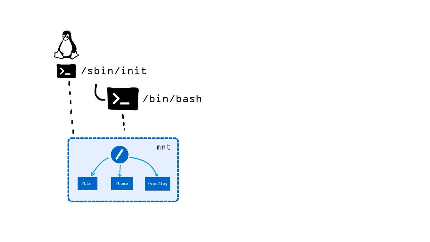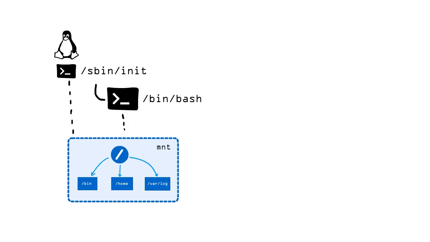First, we have a look at the mount namespace, and a new mount namespace is created initially by the bootstrap process. So init has the first initial mount namespace. As init creates new child processes, this namespace is inherited by all the children.